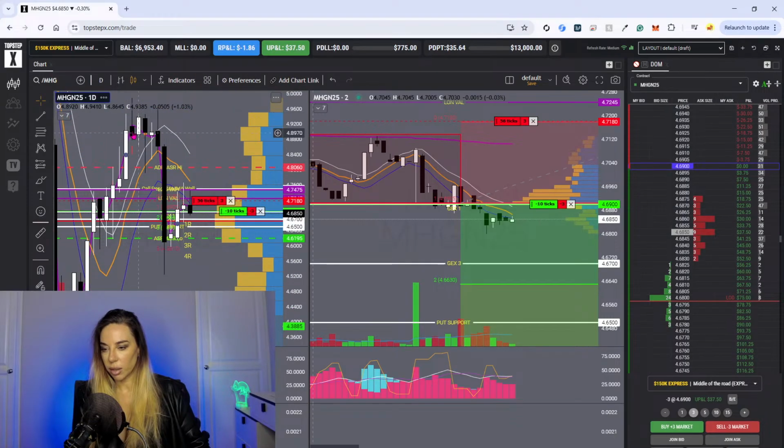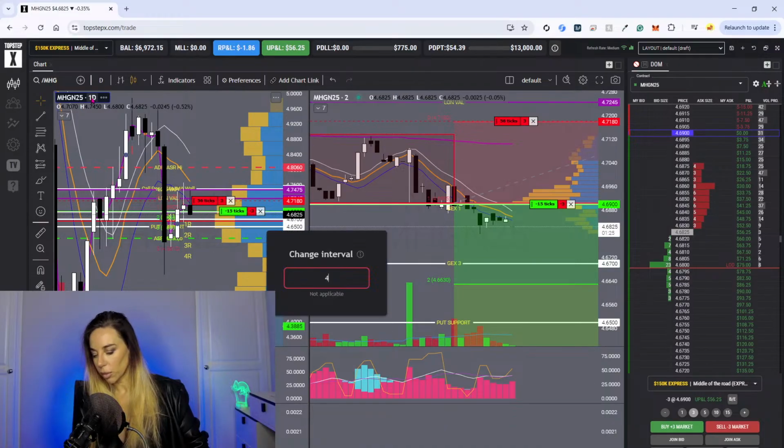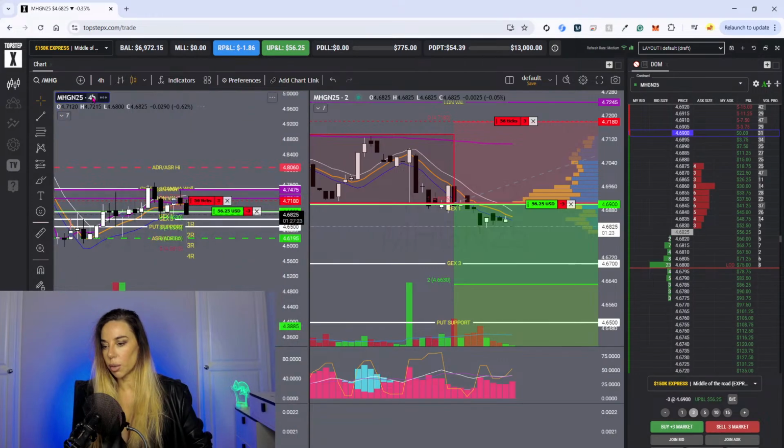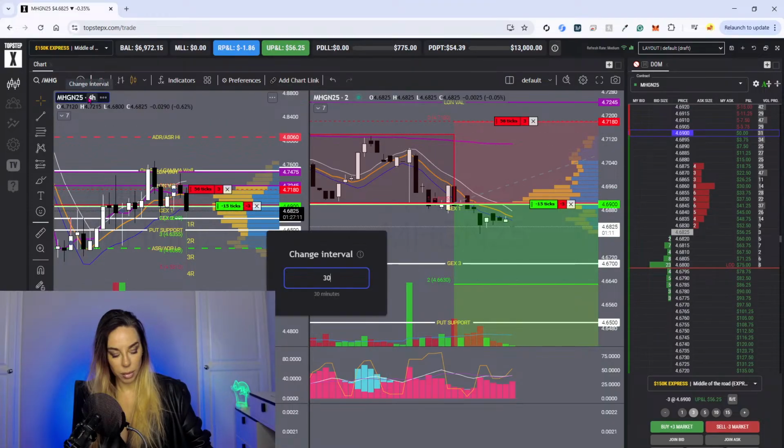We had this big accumulation with a move down, a pullback, and now we're seeing some more initiation to the downside. So 4-hour chart, let's see what Asia did. Asia was a little bit directionless today. So nothing much to glean from there.